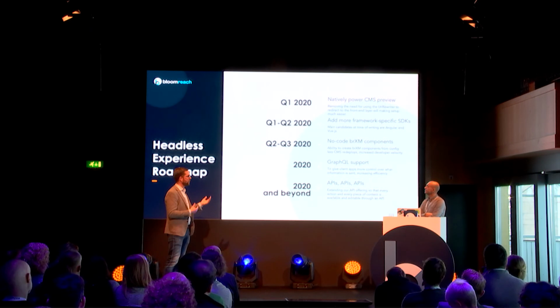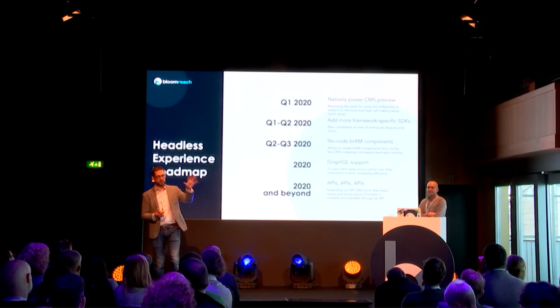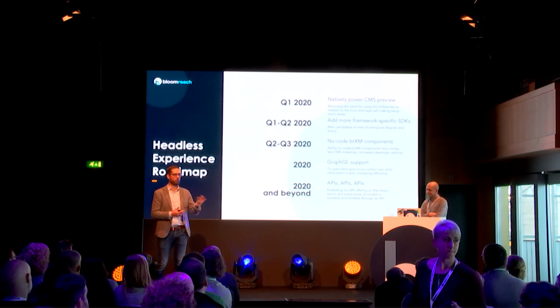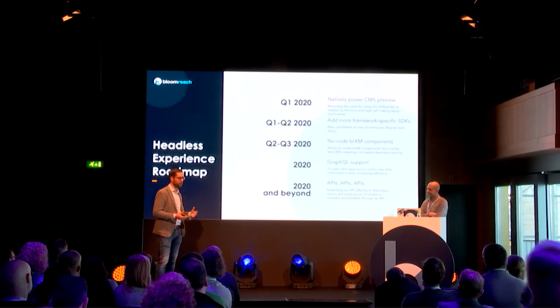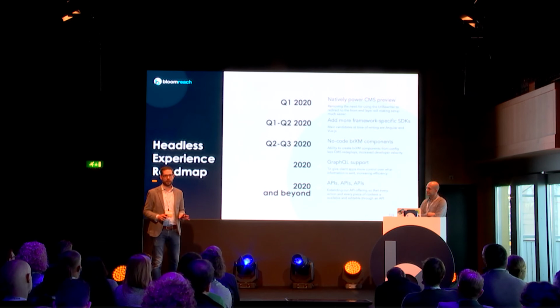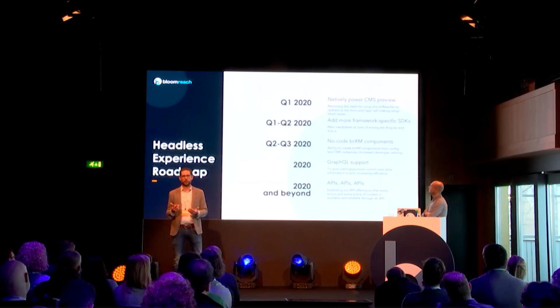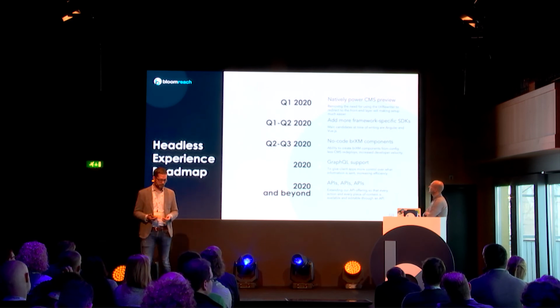We need to make some architectural changes to make sure that we can take any site, any preview running anywhere, and then we remove that piece of the architecture that's currently there, simplify the whole setup, and make sure that it's even easier to get started with this kind of solution.